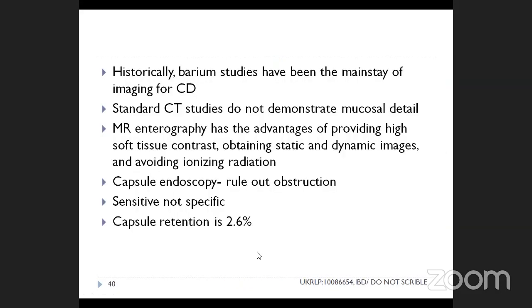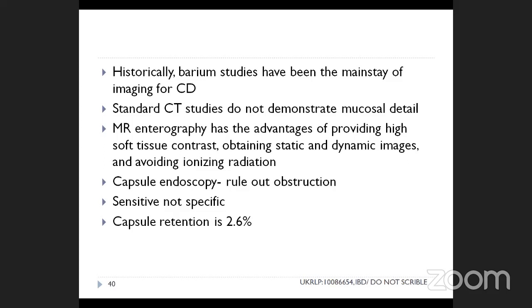So barium studies were historically used, and even nowadays we still use barium studies. Standard CT cannot demonstrate mucosal details. However, CT can pick up the strictures easily. MR enterography has the advantage of high soft tissue contrast, especially to obtain static and dynamic images.